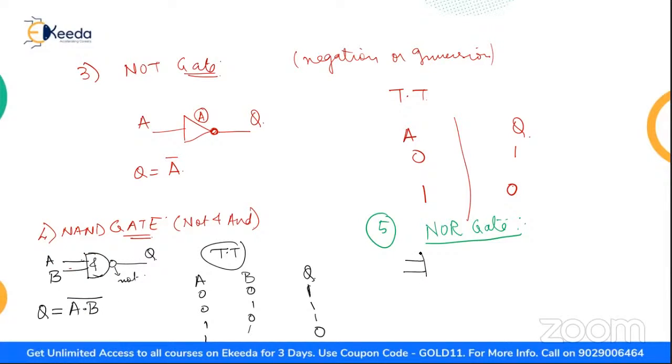Two inputs. This is the OR gate and this is the NOT symbol, which means this is the NOR gate. It is a combination of NOT plus OR. Input A, input B, output Q.